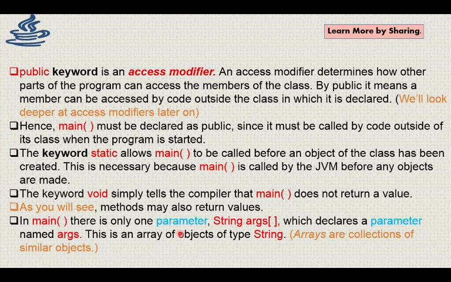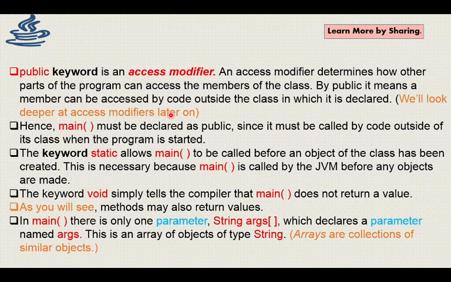So your class or your program should start with a public keyword, right? Or when you just begin by saying class, it will still be considered by default as a public class, right? So public means a member can be accessed by code outside the class in which it is declared, right? So we'll look at access modifiers later in this course.